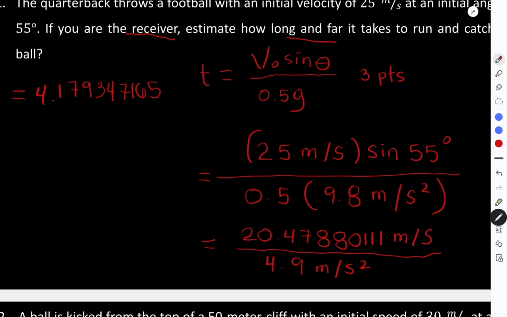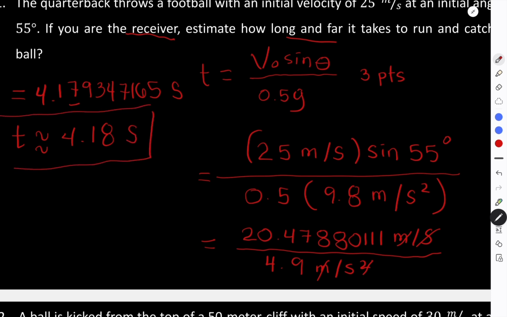And remember, we have the meter per second in the numerator, and the denominator is meter per second squared, so we cancel it out and we only have our second here. Then approximately, rounding to the nearest hundredths, we come up with 4.18 seconds. So that is our total time.